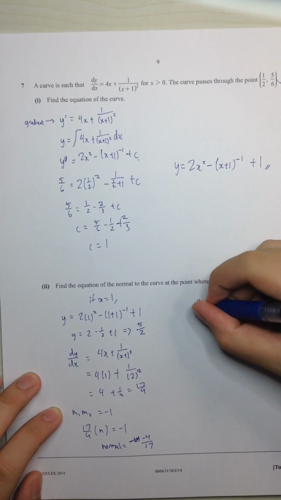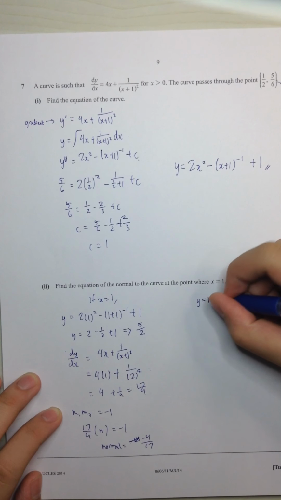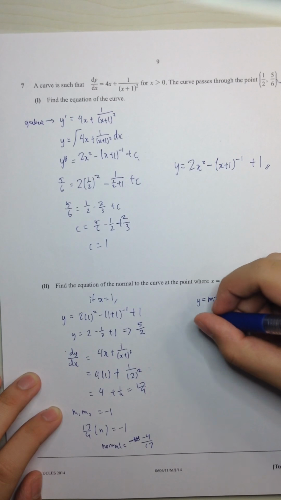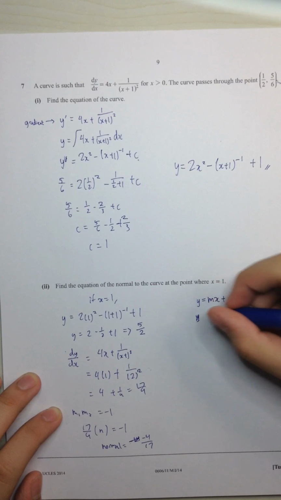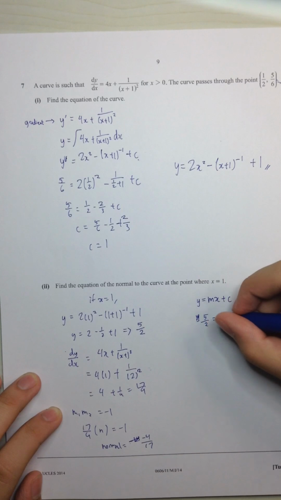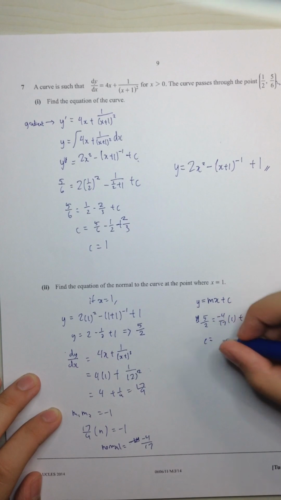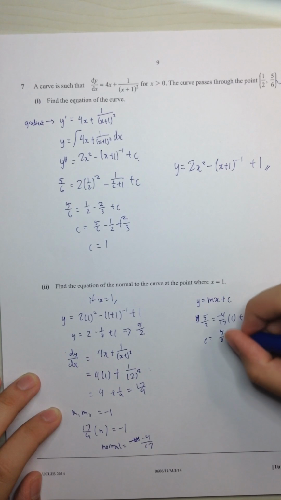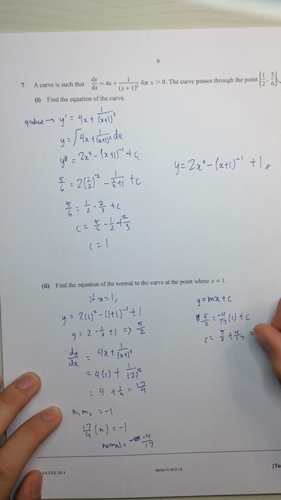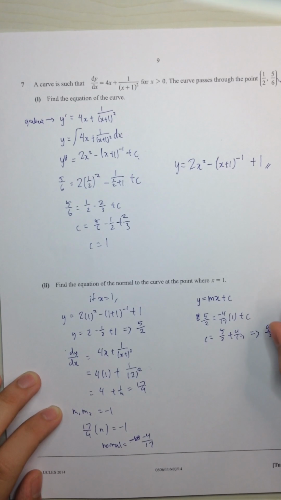Since the equation is y equals mx plus c, you already know y is 5/2 and x is 1. So we need to find c, which is c equals 5/2 plus 4/17, which equals 93/34.